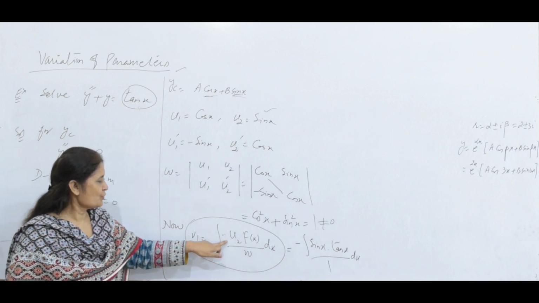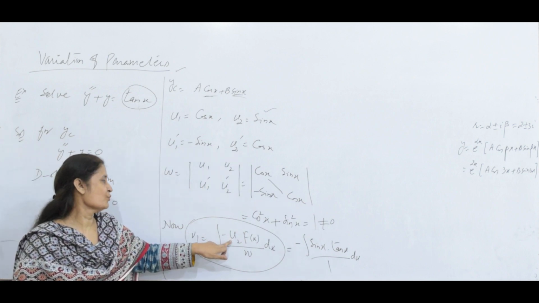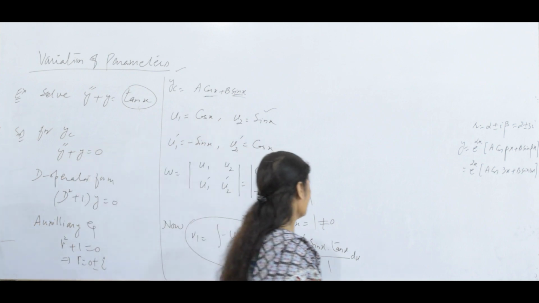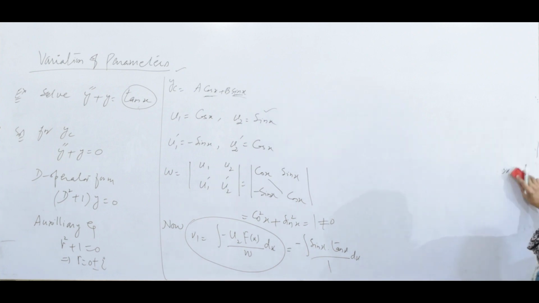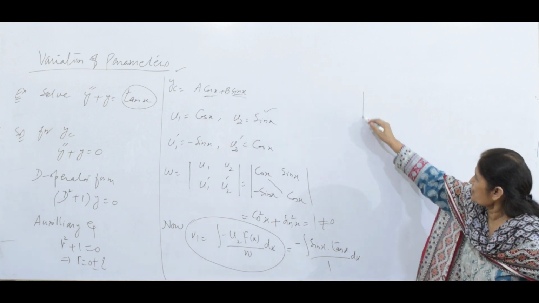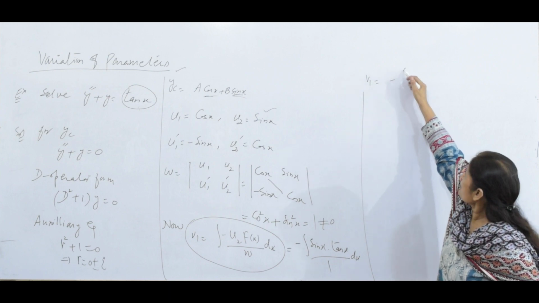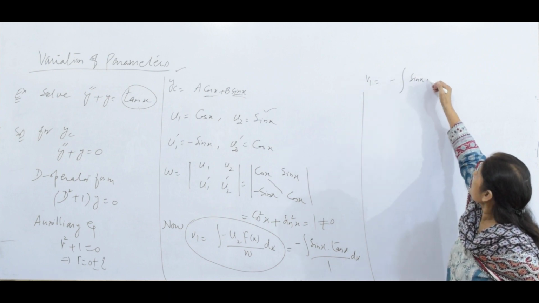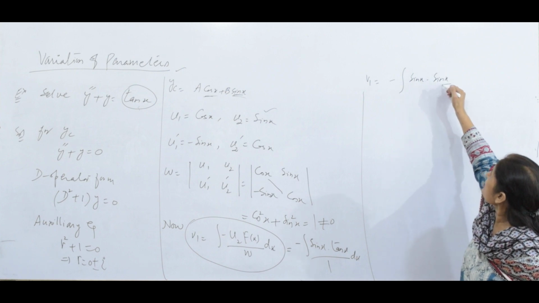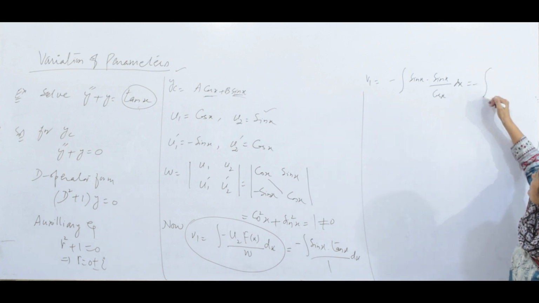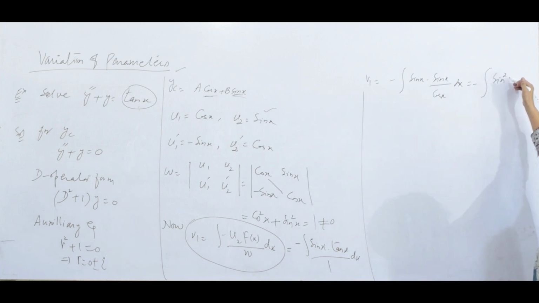So the formula is going to be used like this, the u2, whichever you are going to tell, whether it is a cos x or sin x. So let me solve this v1. v1 is, minus is outside, this is sin x, and tangent can be written sin x over cos x dx, which can be written sin square x over cos x dx.